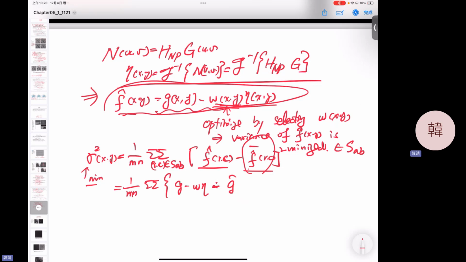The bar represents an average in this sub area. And then minus W eta average. I missed this parenthesis. So we take the average of your estimated sub-image, and then we take this square, without any change. We just use the definition of the average and the definition of the variance.